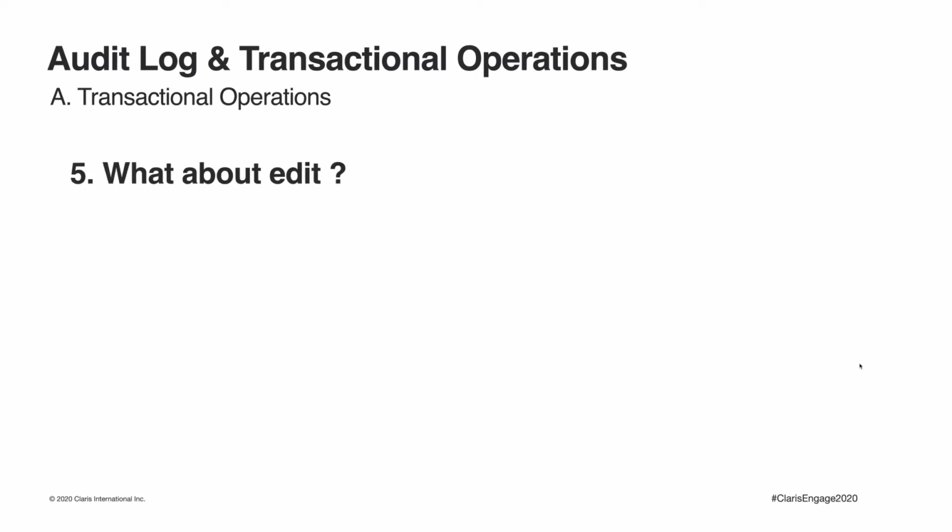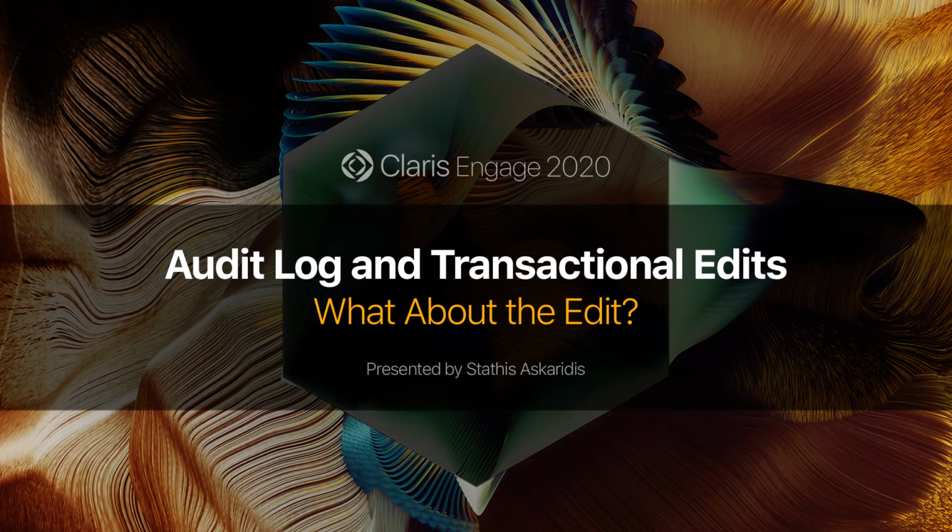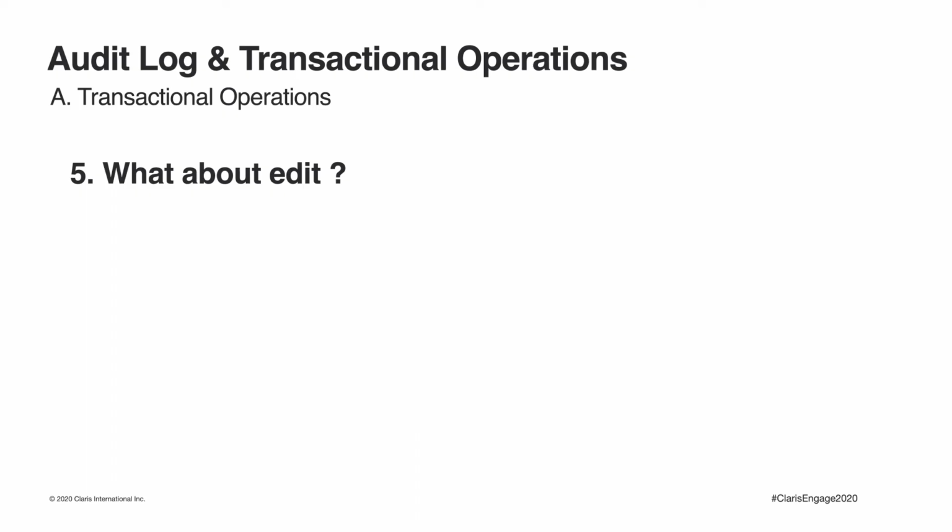What about the edit though? This is the final piece missing from the whole process. The most popular technique is to start the edit process using the script trigger on layout enter.